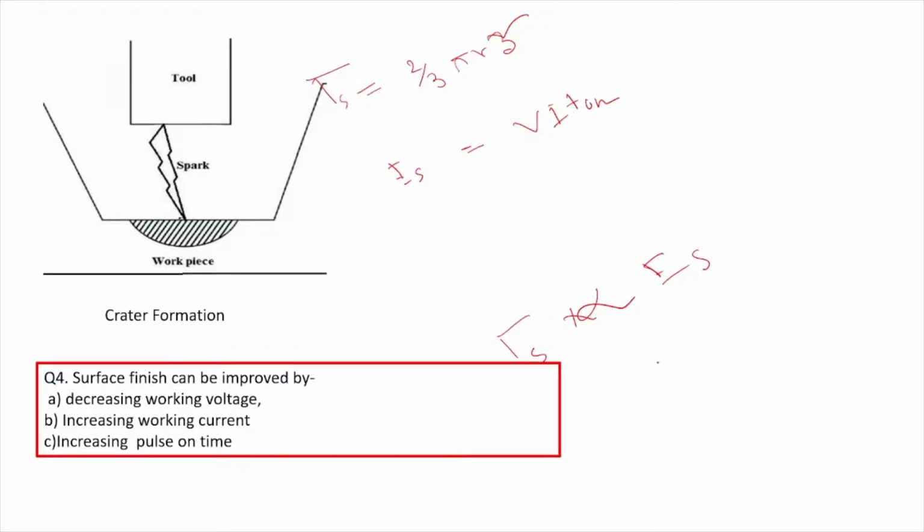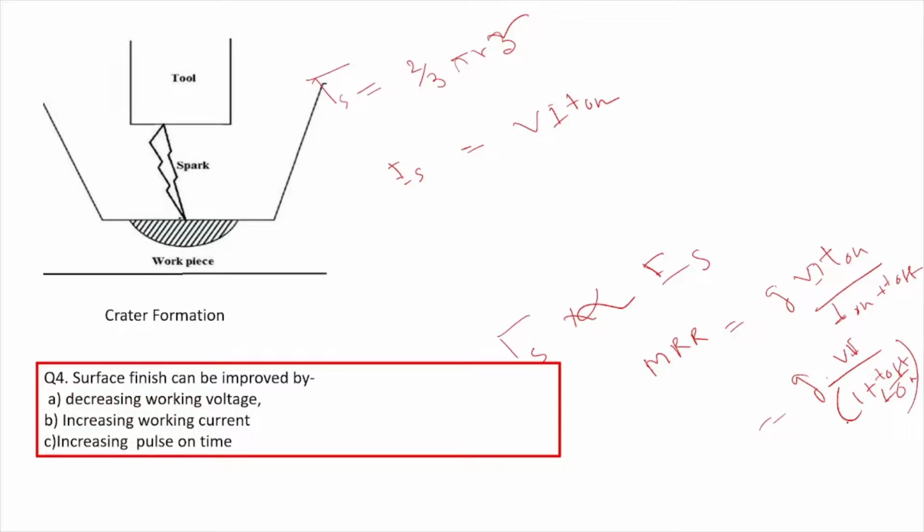Okay, if you calculate finally, the material removal rate will be denoted as G into V I T on divided by T on plus T off. Okay, that is G into V I by 1 plus T off by T on, that is pulse off time by pulse on time. G actually comes from delta S equals G into E S, where G is a constant.